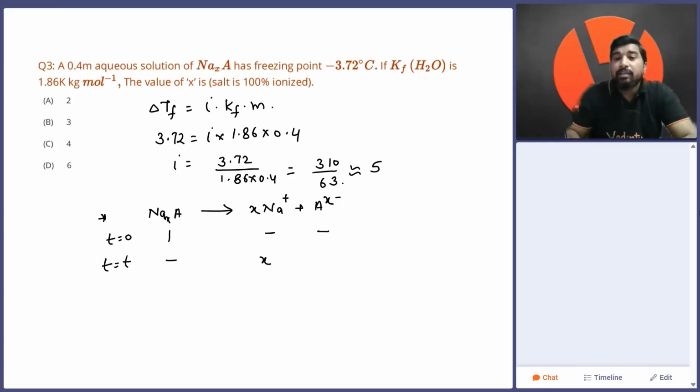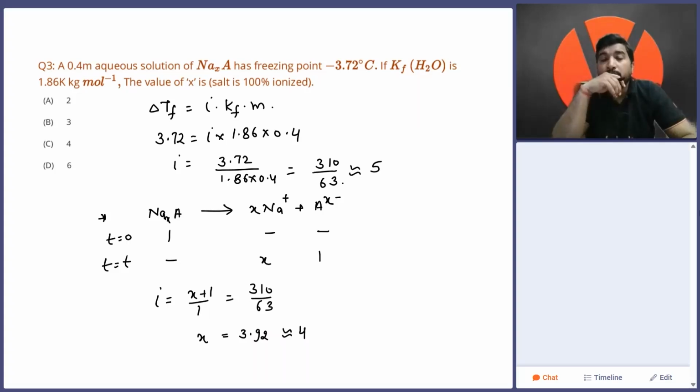That is X, and the moles of AX minus is 1. So from here, i is equal to (X plus 1) divided by 1, that should be equal to 310 upon 63. On solving, we will get the value of X as 3.92, which is almost equal to 4. So from here, we can say the value of X is 4.